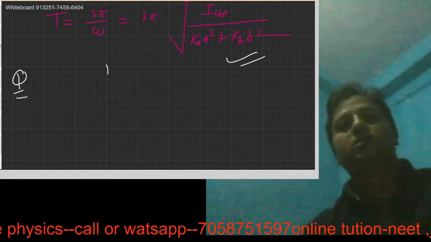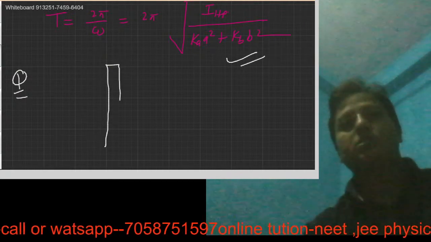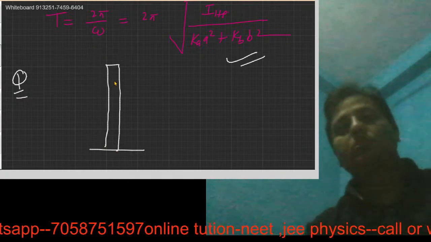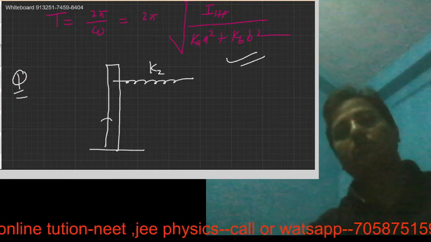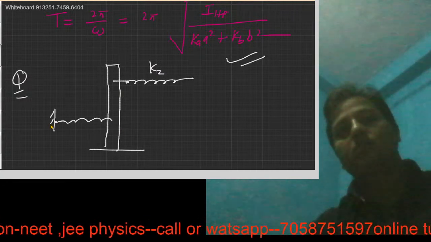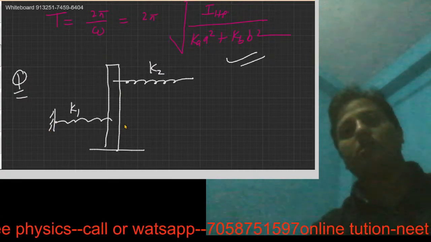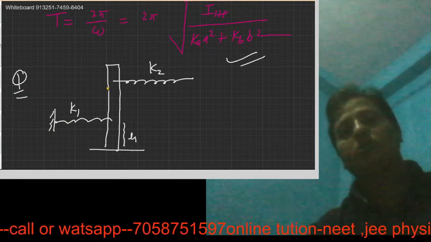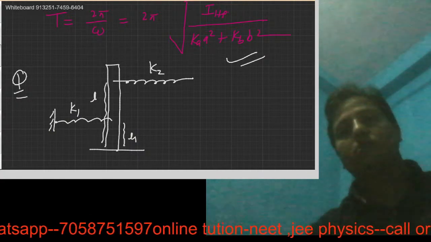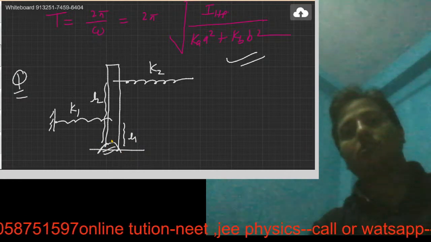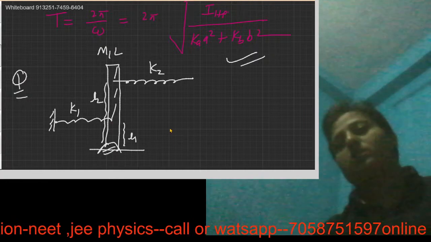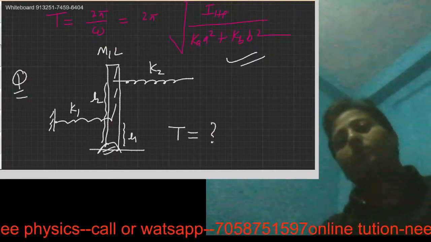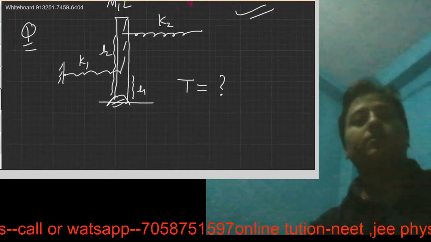Now in another case, suppose this rod system is given two springs, one having constant K2 and on the other side the spring constant is K1. This length is L1 and this length is L2. This is the hinge. The mass of the rod is M and its length is L. In that case, what will be the time period of oscillation?